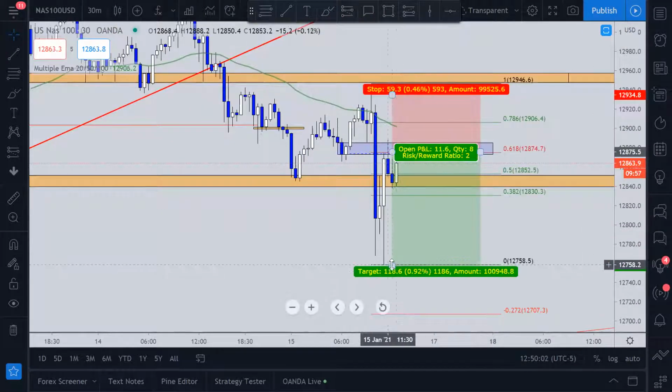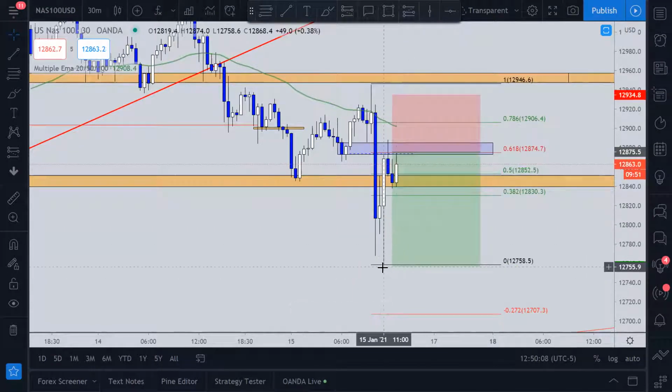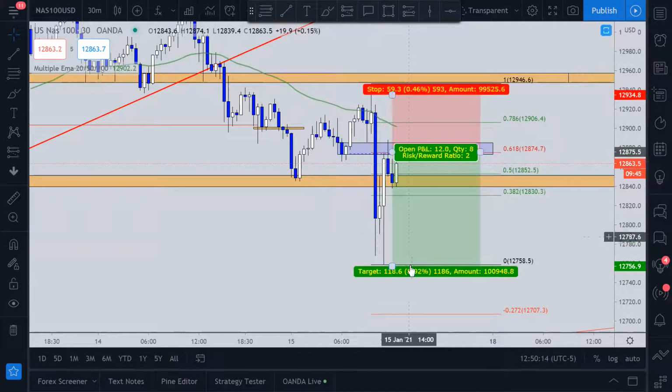if you're going to scalp this, this will be your TP. The point of the pullback, that's always your TP1.